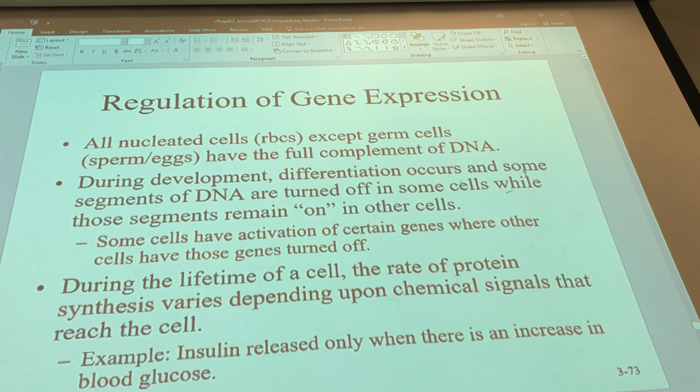Everything but red blood cells, everything but your egg and your sperm cells are going to have the same complement of DNA. So the DNA that we find in our cheek cell, that's readily accessible. The DNA that we find in your stratified squamous cells of your epidermis, all of those cells have this exact same DNA as any deeper located cell, like your white blood cell, like your stem cells that are very important, right? So just keep that in mind.